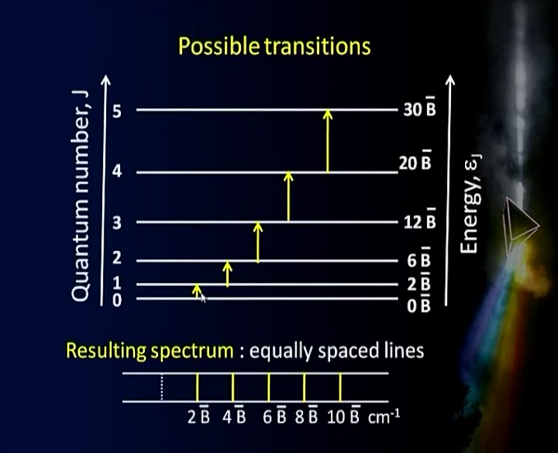The first transition will be at 2B bar, which is the delta E between the first two energy levels, 0 to 2. The first line comes at 2B bar. The next line is from 2 to 6, so the difference in this case will be 4B bar. The next will be 6B bar and so on. So the spectrum will be a set of equally spaced lines.